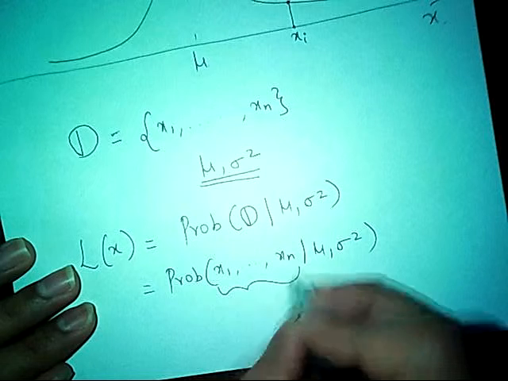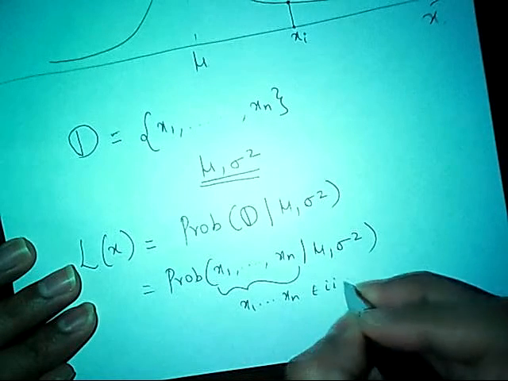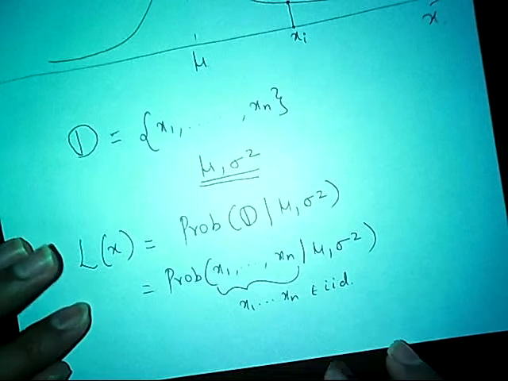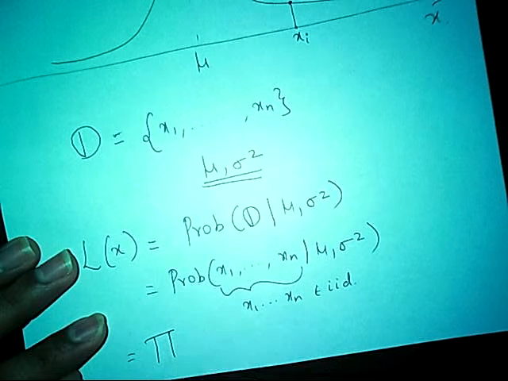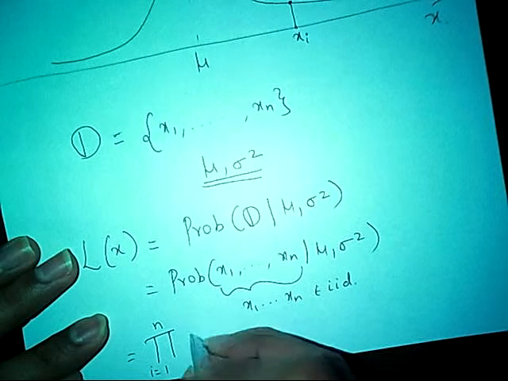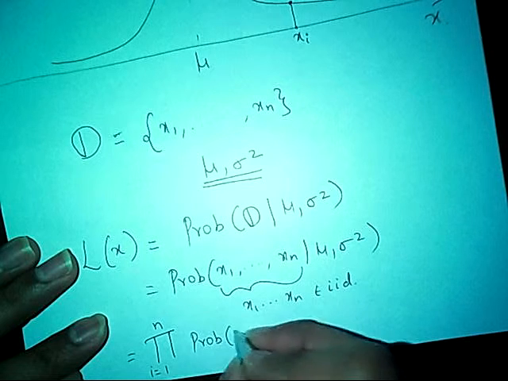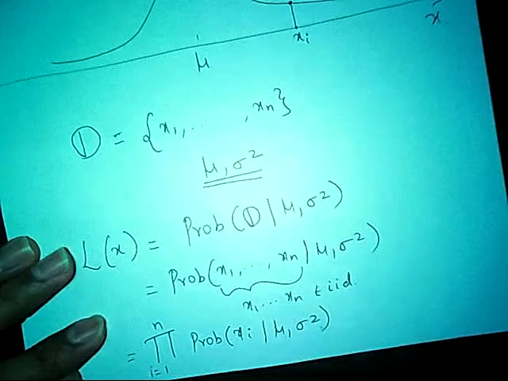And we are going to assume that x1 until xn are IID. So what this would mean is that this would become a product of probability of xi given mu, sigma squared.